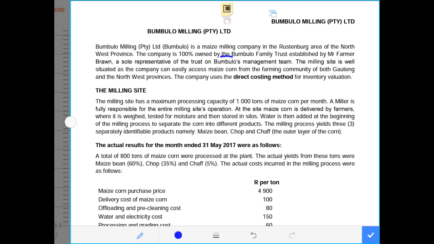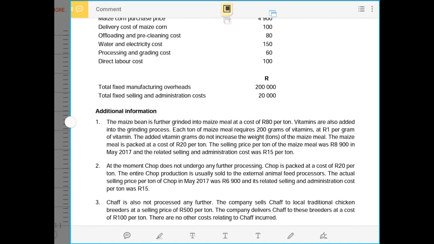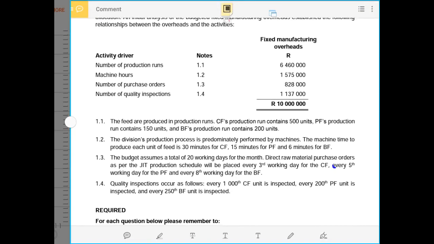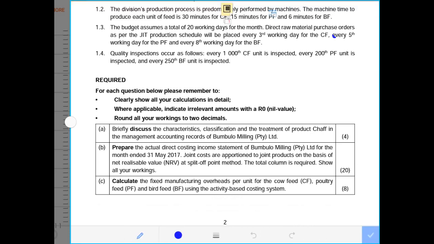The company uses the direct costing method for inventory valuation. Be mindful of that, it is highlighted in bold. The company uses the direct costing method for inventory valuation. And I want to link that with question number 2 that was required of us. We were required to prepare the actual direct income statement.